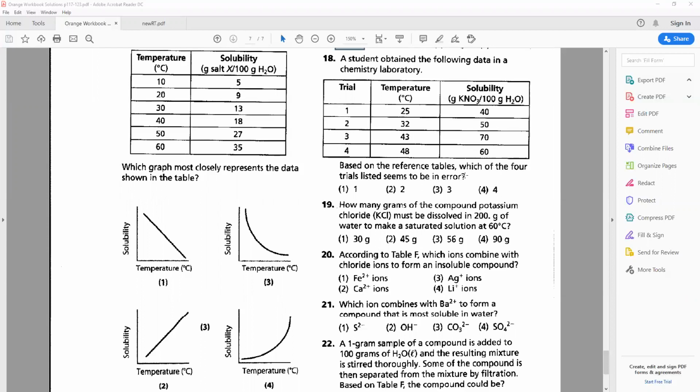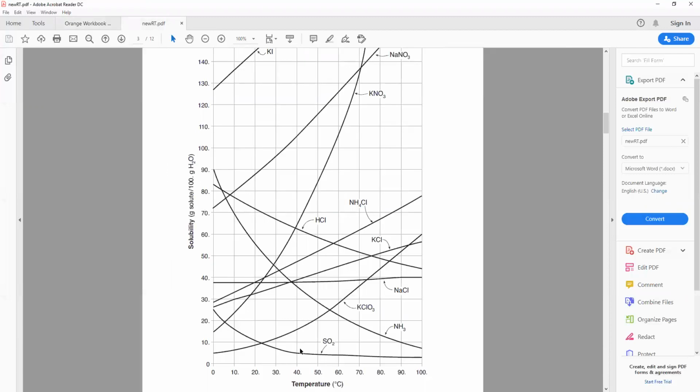Based on the reference tables, which of the 4 trials seems to be in error? So let's look at KNO3. If we look at KNO3, as the temperature increases, the solubility increases. And it's consistent. It's a constant increase.